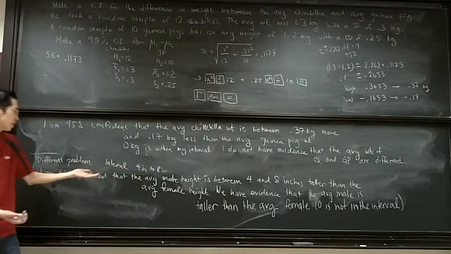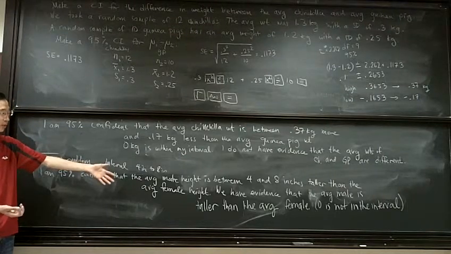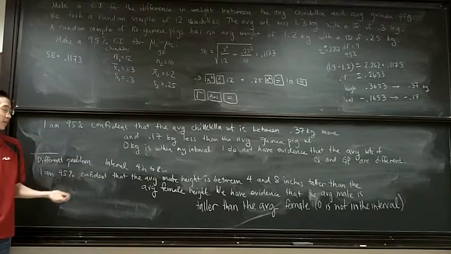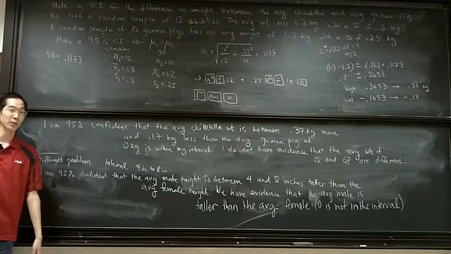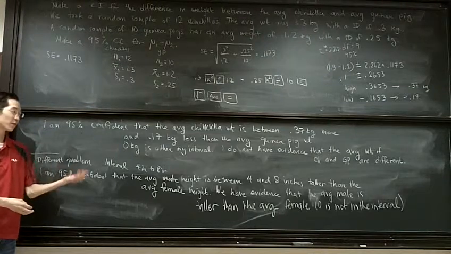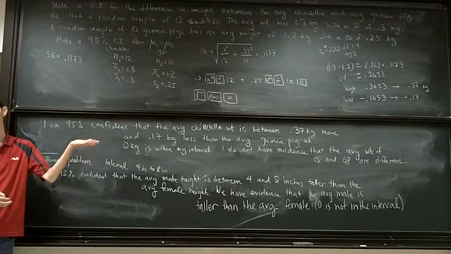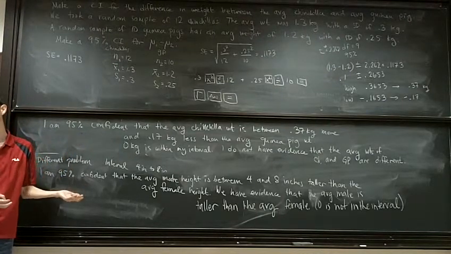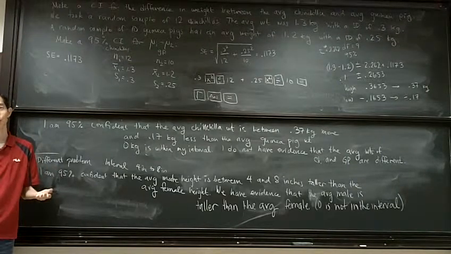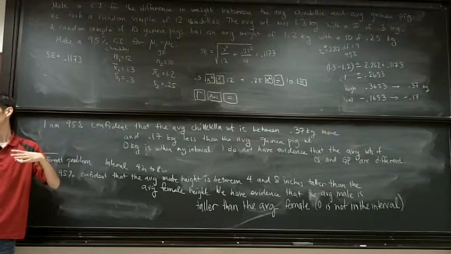In the same way, if I switch the signs around for this, over here, instead of saying I'm 95% confident that the average male is between 4 to 8 inches taller than the average female, I would be saying I'm 95% confident that the average female is between 4 to 8 inches shorter than the average male. You're saying the exact same thing, it's just from a different perspective, right?